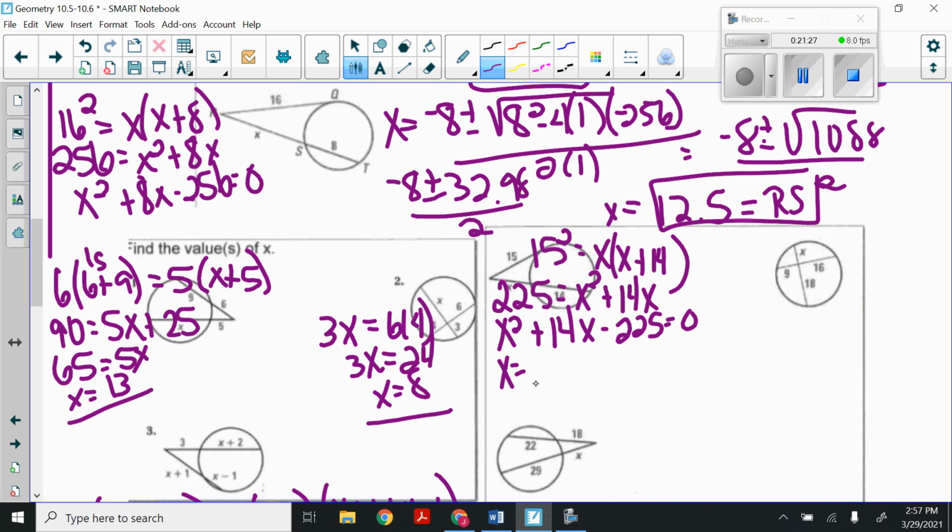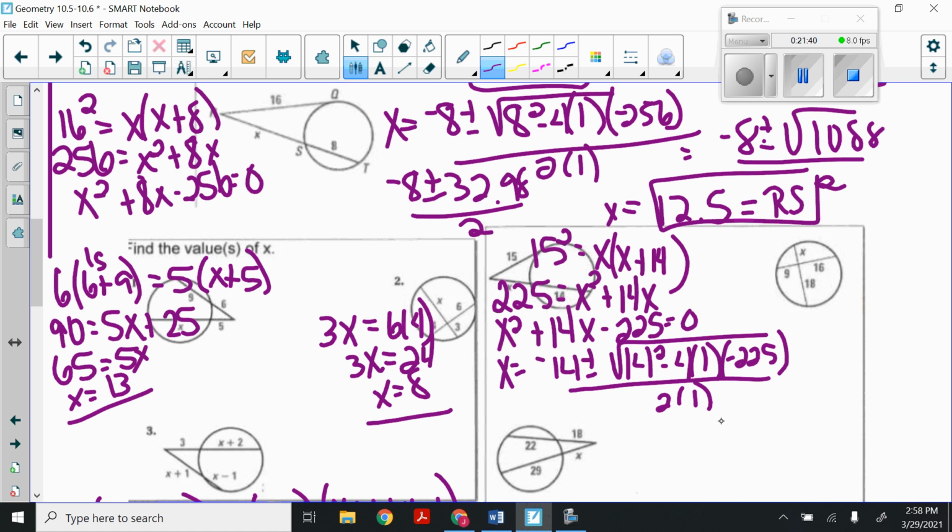So x equals -14 plus or minus the square root of 14 squared minus 4 times 1 times -225, everything divided by 2 times 1. When we work that all out, again, we're not interested in the negative because we're finding length. So we are going to get x is approximately 9.6.